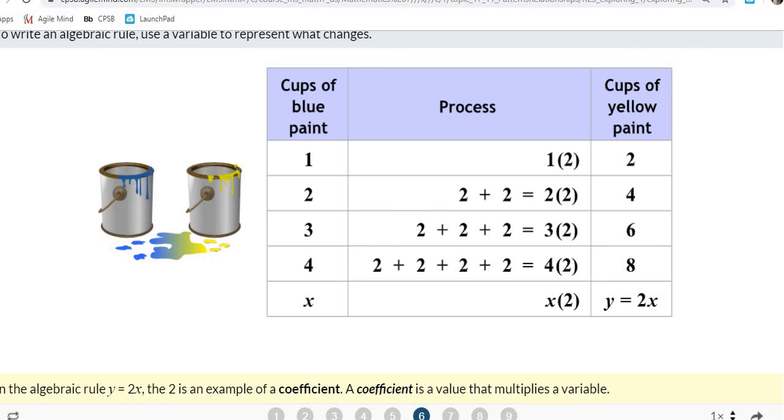It says, what is the coefficient of the rule on 1C? What is my coefficient of that algebraic rule? 2. So write 2 for 1C. My coefficient is 2.